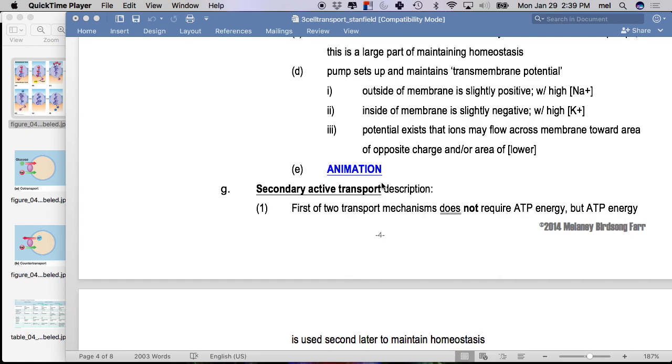Okay? In order to maintain these concentration gradients, which direction do I need to be pumping sodium? Outside. Yes? Got it? Okay. Which direction do I need to be pumping potassium? Inside. And of course, to get things to move against their concentration gradient, I have to use ATP.